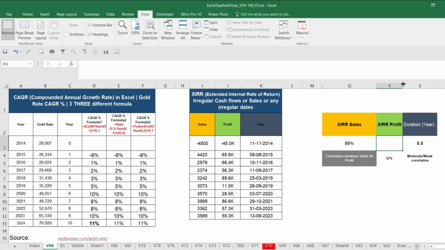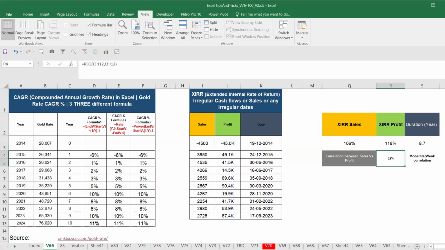Okay, same goes for profit. Profit also, this may not make sense. For example, for profit we will not start with a minus value, right? But as per the formula, we need to use a minus value. So you can give XIRR, values, this is our profit, and then dates.